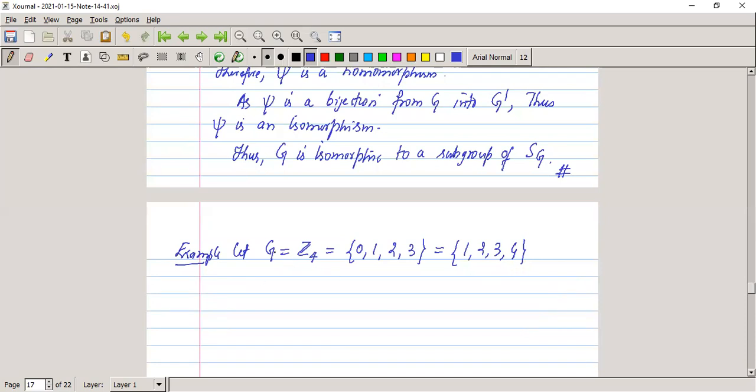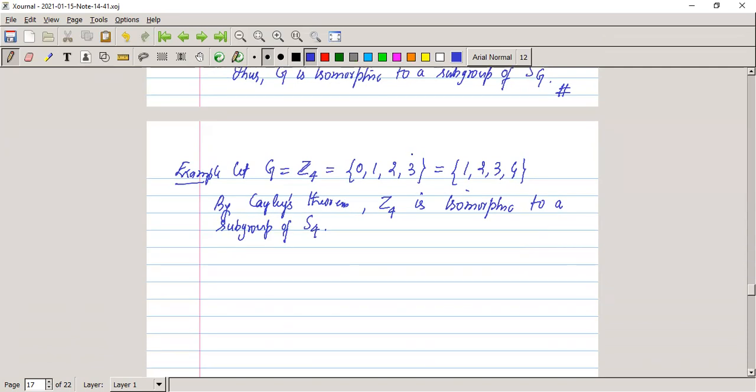Now by Cayley's theorem, this Z4 is isomorphic to a subgroup of S4. Now we need to find that subgroup in S4, which was denoted by G dash in the proof of Cayley's theorem, such that Z4 is isomorphic to that G dash.